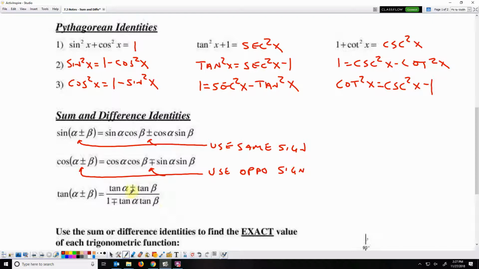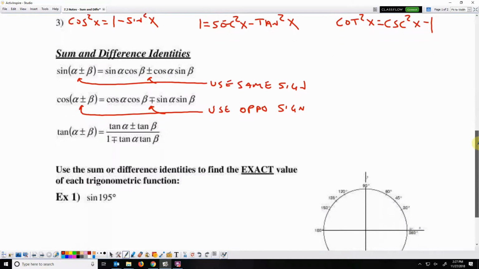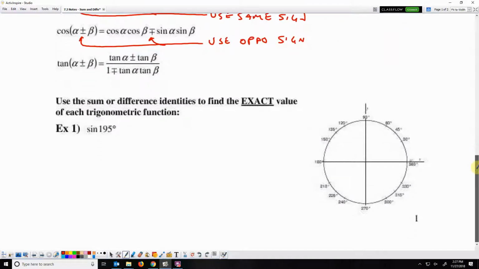And in tangent, there's a plus or minus, use the same sign, and a minus or plus, use the opposite sign. So if I'm doing cosine, it's cosine alpha cosine beta minus or plus sine alpha sine beta. In tangent, alpha plus or minus beta is tangent alpha plus or minus tangent beta over 1 minus or plus tan alpha tan beta. So we will try some problems, and that will probably help put this together, what it actually means.